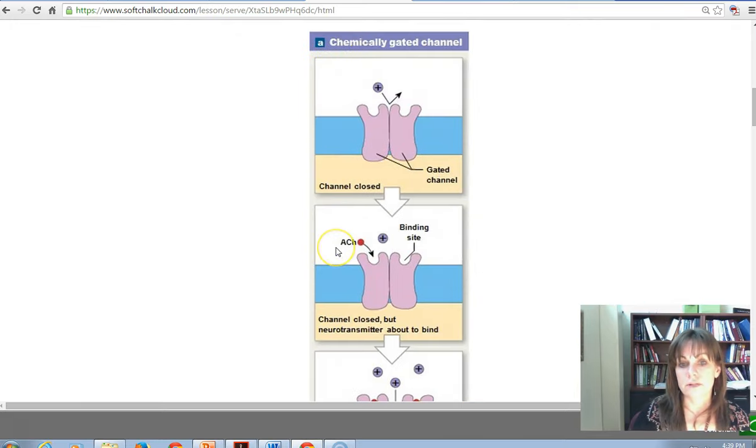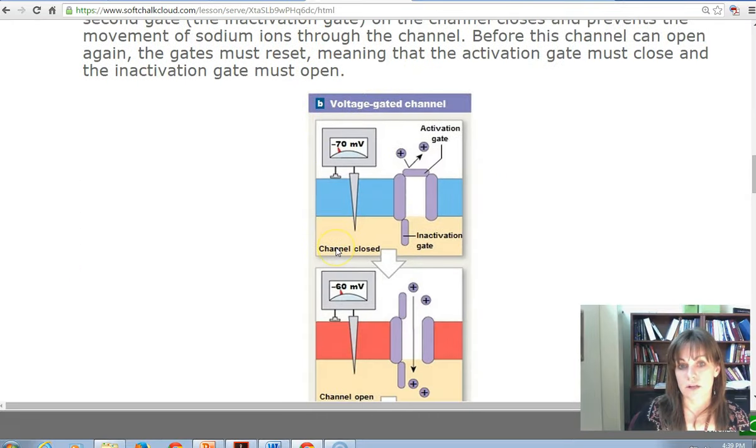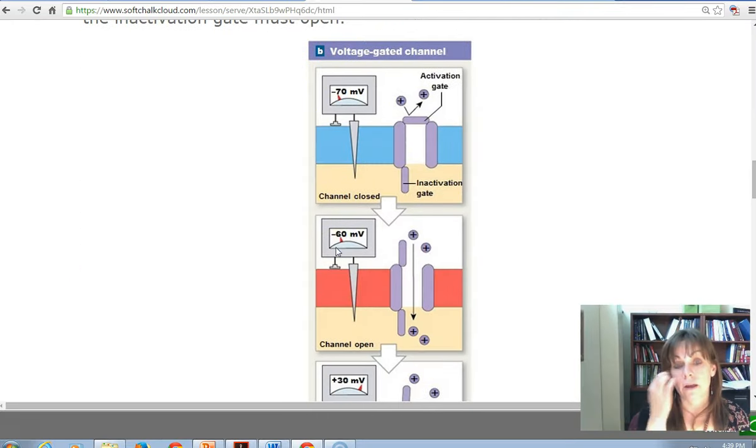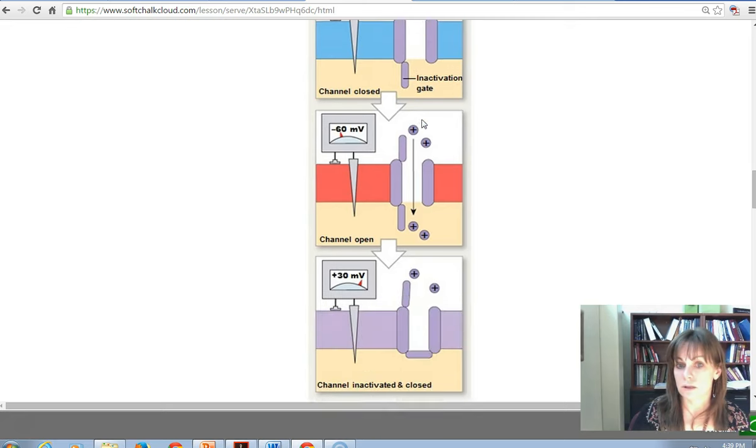Now there are different types of channels as well. Here we have a voltage gated channel. Well, what word is next to gate? Voltage. So that means something about this value is going to control the gate. Here you see with this one that at minus 70 that gate is closed.